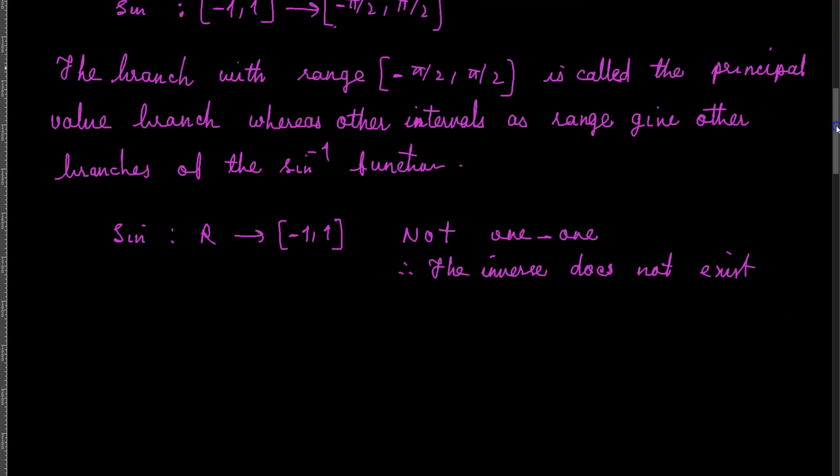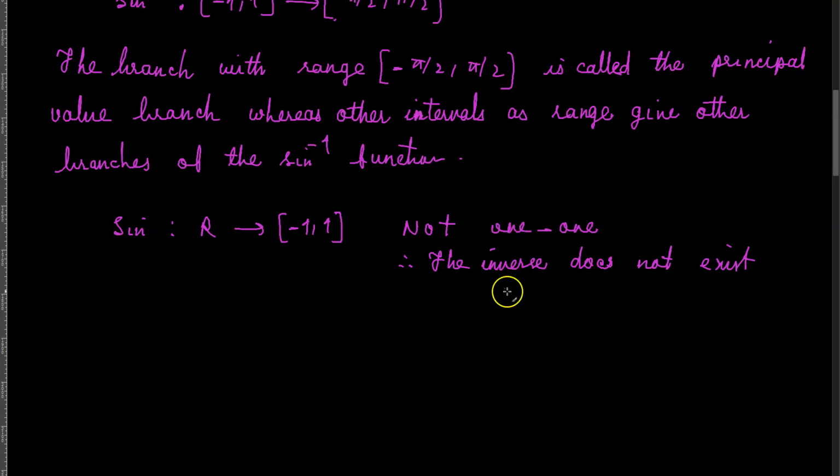Now, in order for the inverse of the function to exist, I'm going to define sine as the function that goes from the interval negative pi by 2 to pi by 2, and the range of the function I'm going to define as negative 1 to 1.